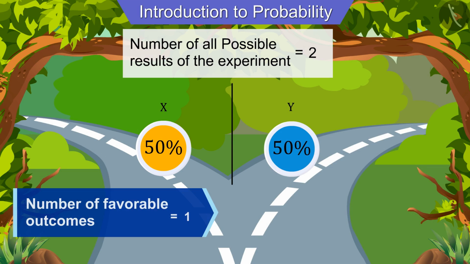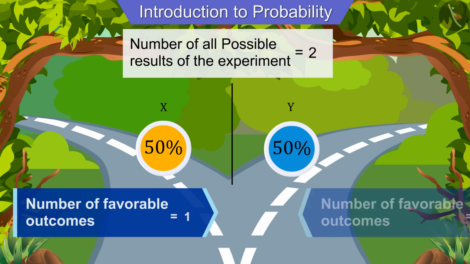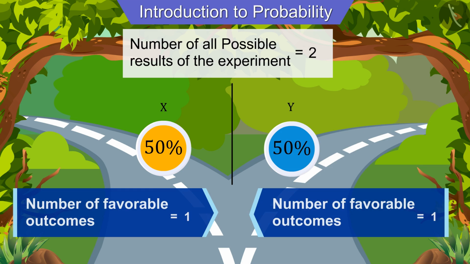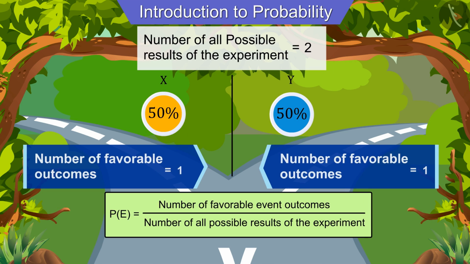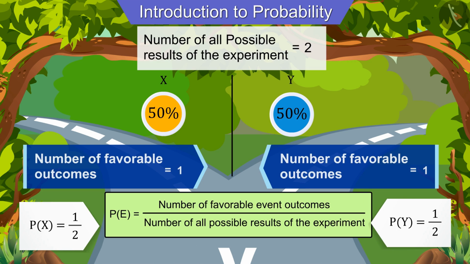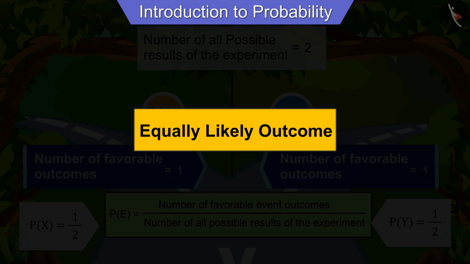Similarly, choosing road Y will have the same number of favorable outcomes, that is 1. From this formula of theoretical probability, the probability of choosing both roads is 1 upon 2. Here, the probability or possibility for both roads is the same. So we call them equally likely outcomes.